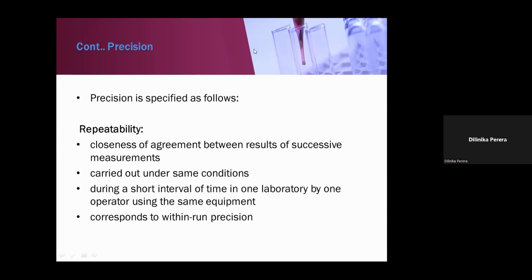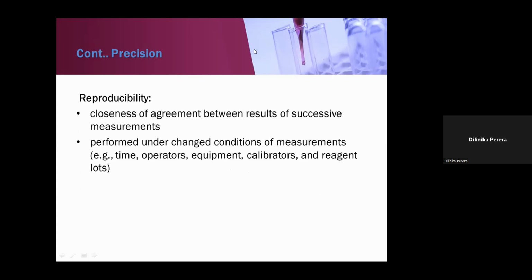So it is the same conditions, same operator, same analyzer. Reproducibility is also the closeness of agreement between results of successive measurements, but performed under changed conditions of measurement, such as time, operator, equipment, calibrators, and reagent lots. So two terms, reproducibility and repeatability.